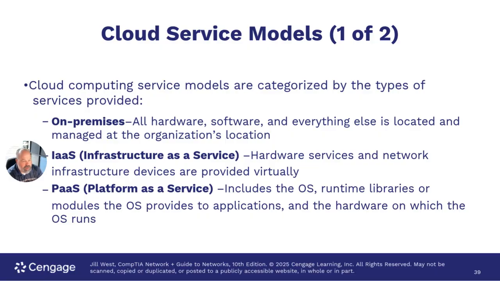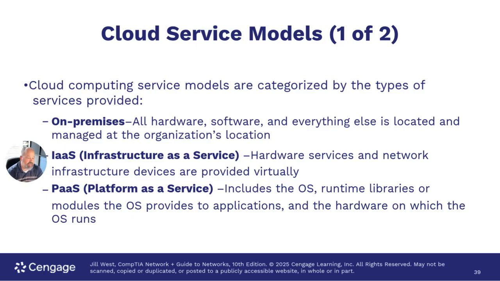Cloud service models are like different apartments, and the rental types of apartments that you can get. We've got on-premises, and that's like owning your own house. You handle everything. Good, bad, ugly, it's your problem. We have IaaS, which is infrastructure as a service.